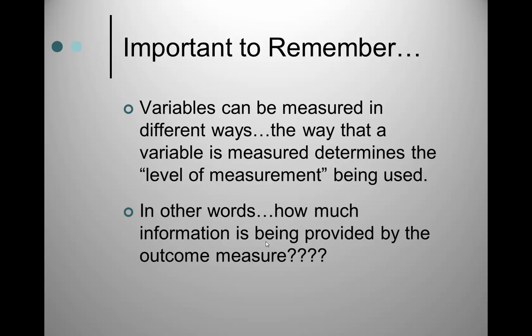It's important for us to remember that our variables can be measured in all kinds of ways. But what's important is that the way that the variable is measured determines the level of measurement being used. Now, what does that mean?